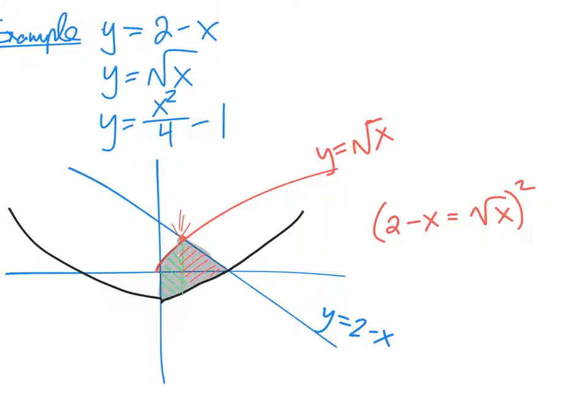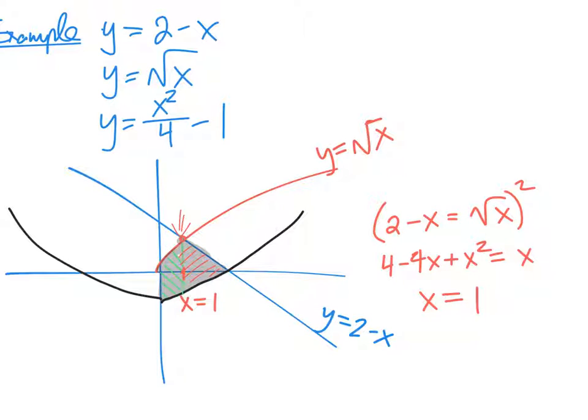That's going to be 4 minus 4x plus x squared equals x. Then solve that. What do you guys get for x? 1. Okay, so this point is x equals 1.